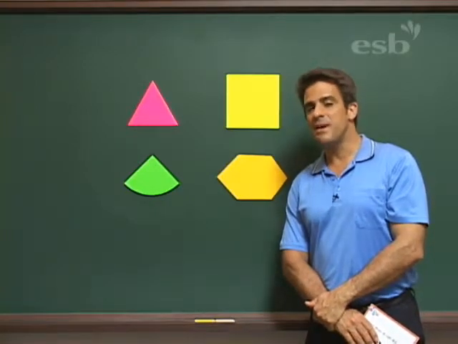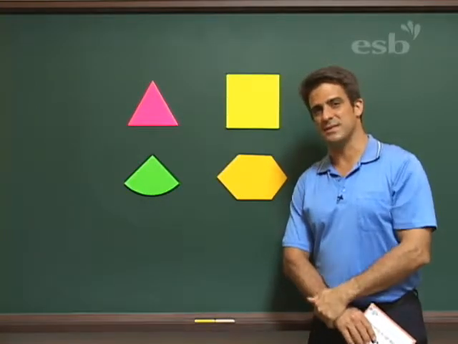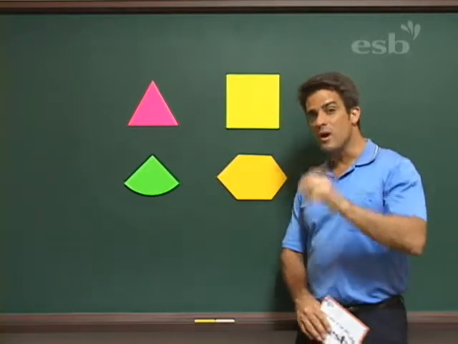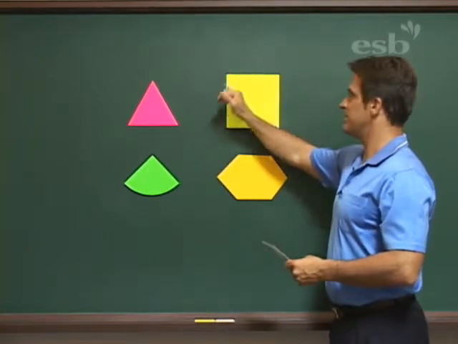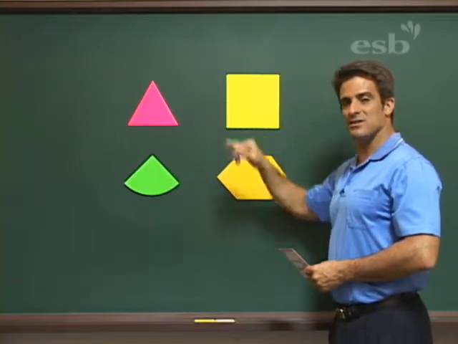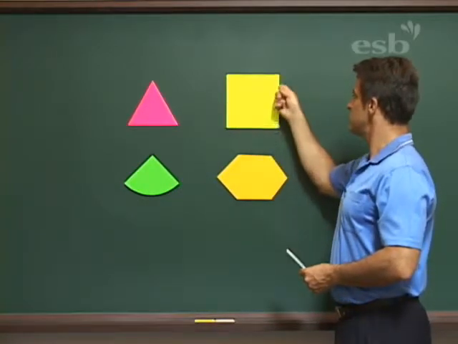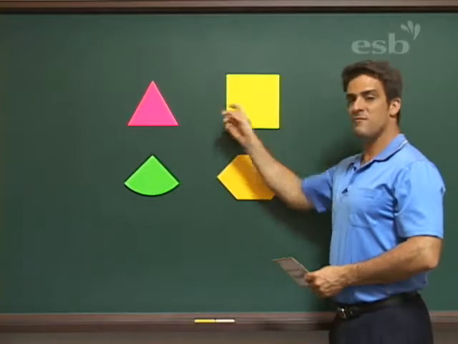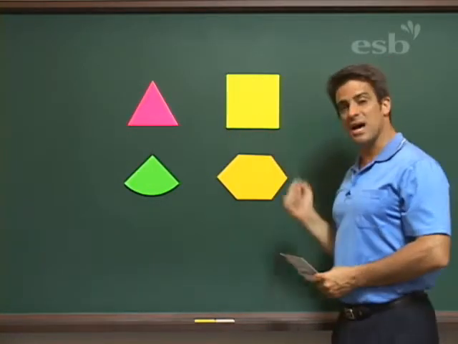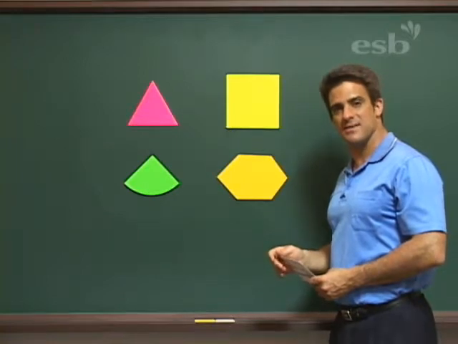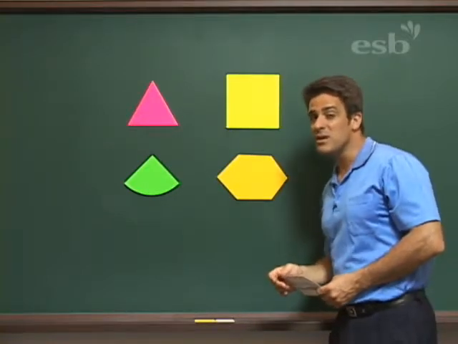Okay, I bet you can think of 2 reasons. One reason is the sides are the same length. A square has 1, 2, 3, 4 sides, and each side is the same length. What was the other reason?